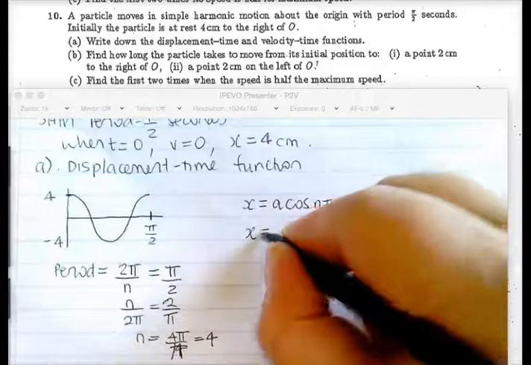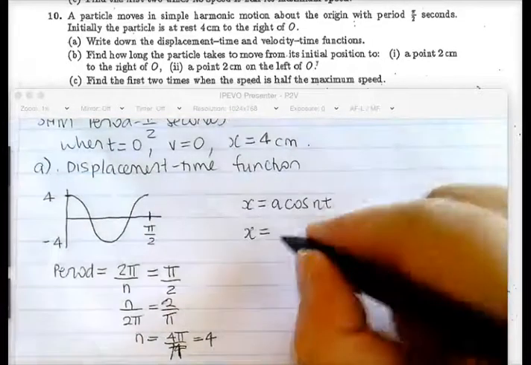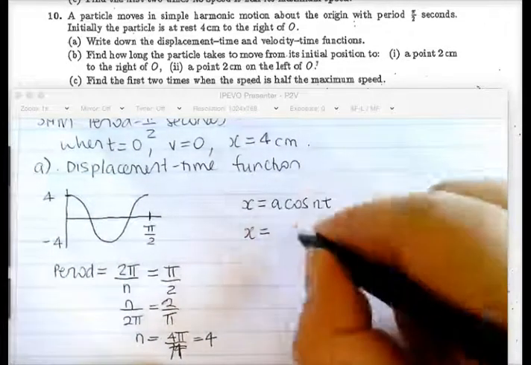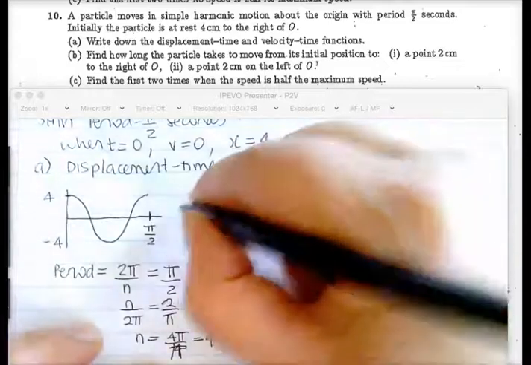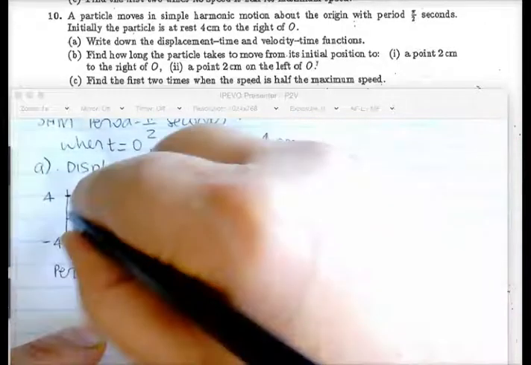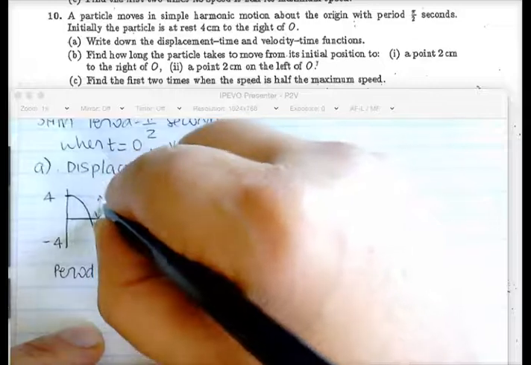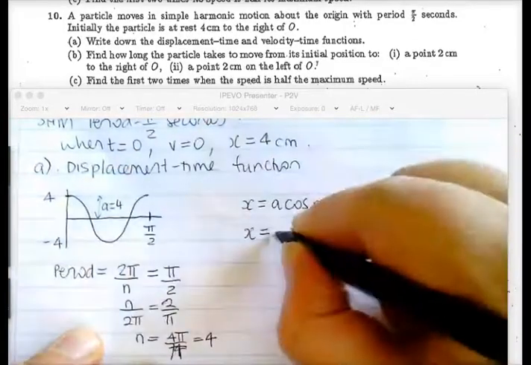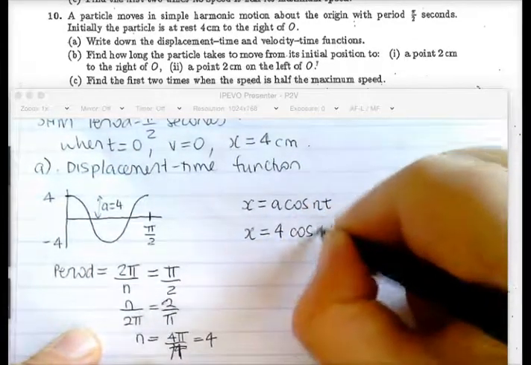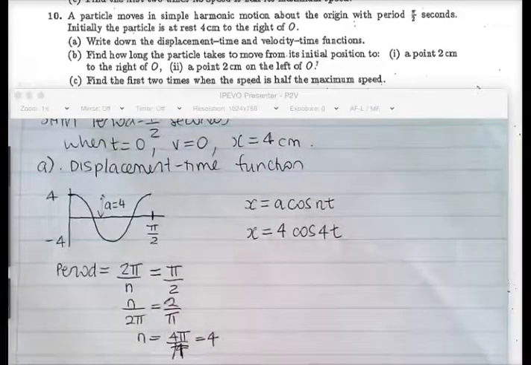So therefore, my equation for x: I know that my amplitude is 4, so it's 4 cos 4t. That is my equation for my displacement time function.